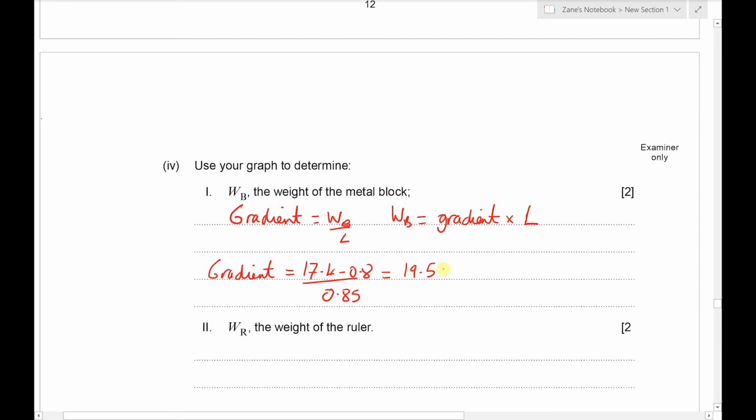Units for that gradient would be newtons per meter, and therefore WB is going to be 19.5 times L, and if you remember, L was 980 millimeters or 0.98 meters. So that gives us that the weight of the block is 19 or 19.1 newtons.